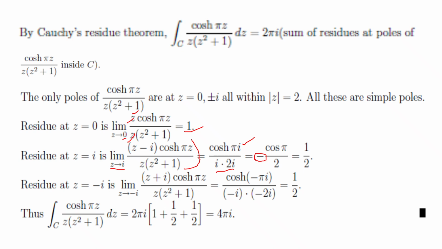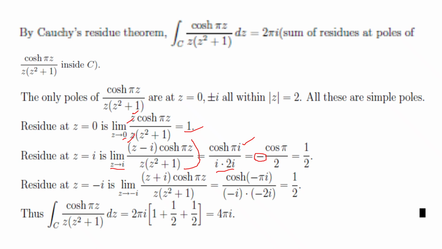In the denominator it will be minus i and minus 2i in place of i and 2i, and cosh(-πi), in place of π we put minus π and the formula will be the same, because it becomes (e^(iπ) + e^(-iπ)) by 2, and that is cos π. It comes cos π, which is -1, and in the denominator it is again 2i², which is -2. So this is 1 by 2.